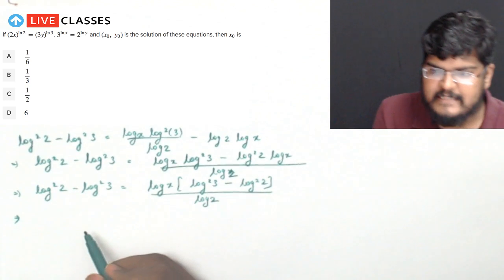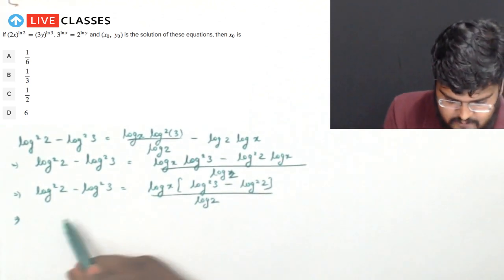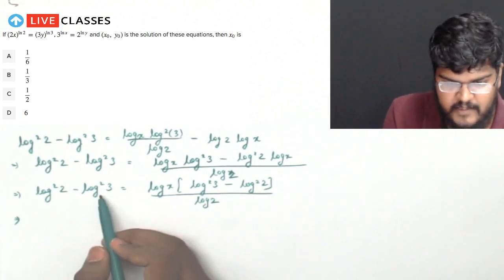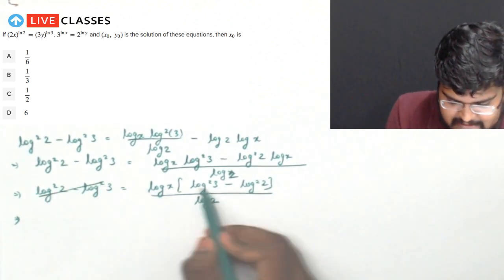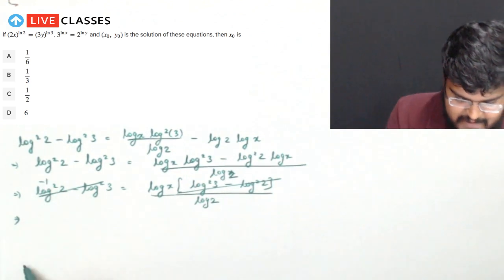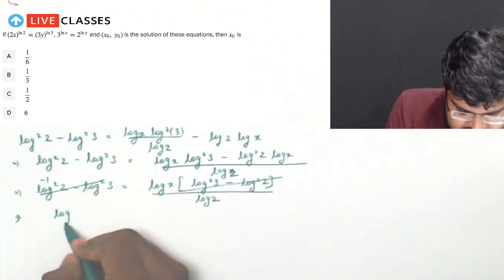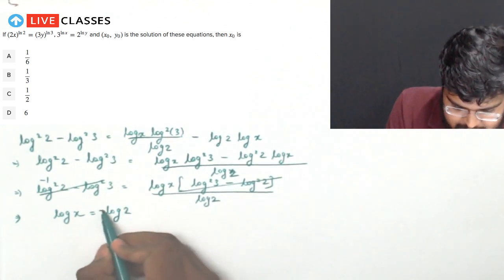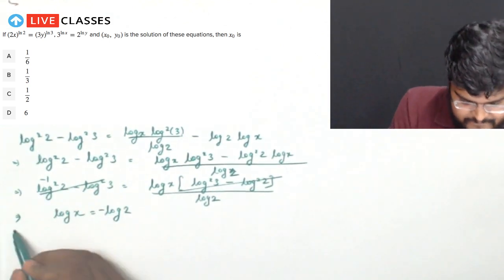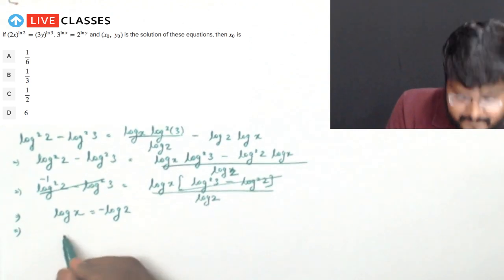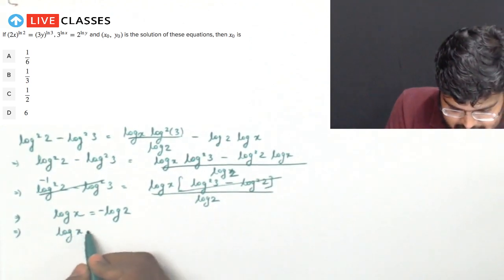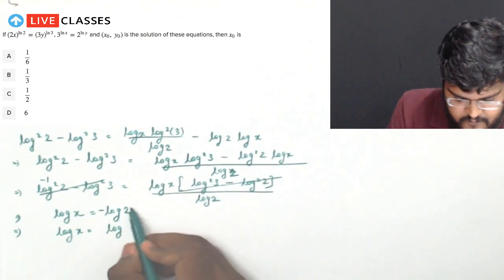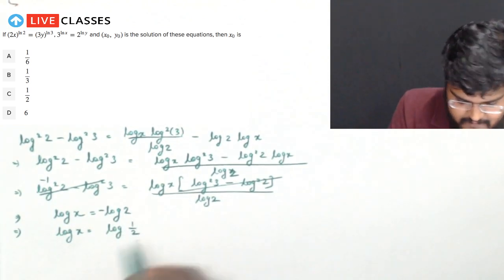Now over here it is quite easy for us to cancel these two values, but for that we'll first have to take -1 common from here, or we can simply cancel this and write -1 here. By this means, log x is actually equal to log 2 with a minus sign because of this -1, which implies that log x is equal to log of 1 by 2, as this -1 will go in the exponent of 2 and make it 1 by 2.